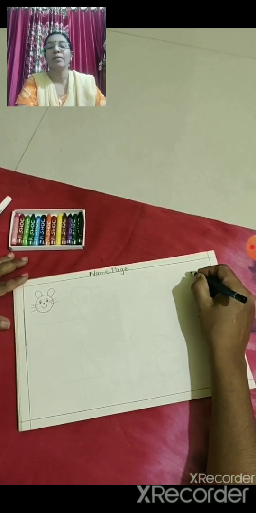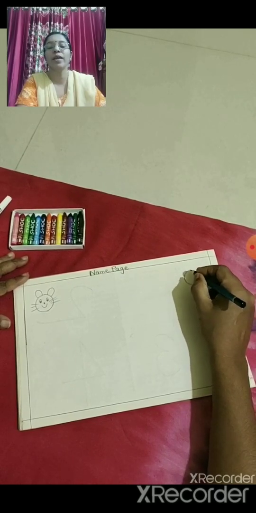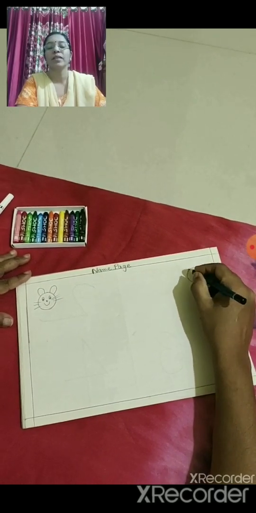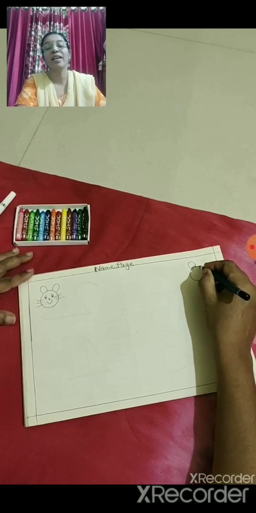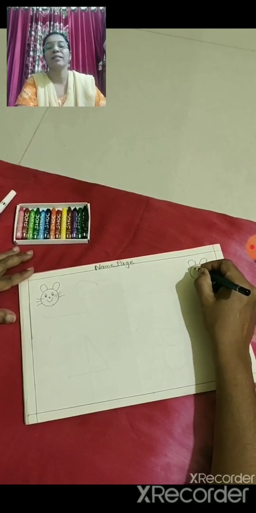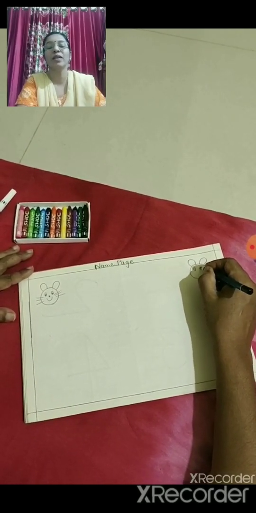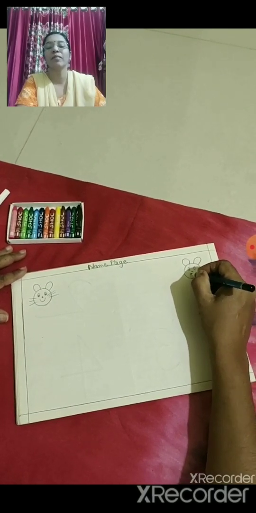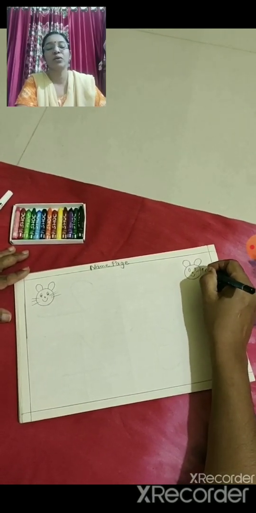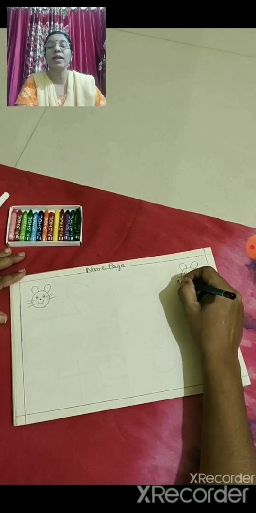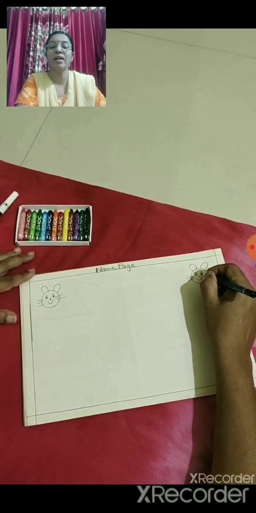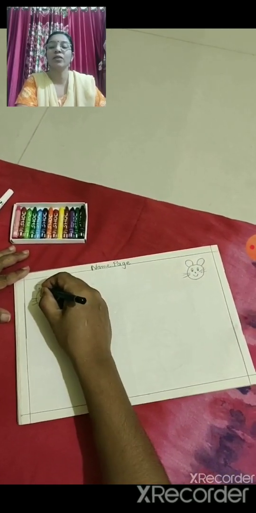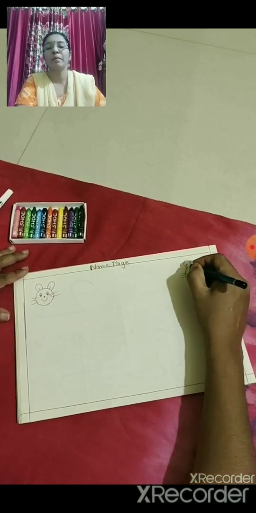Okay, rabbit's face, bunny rabbit's face I had drawn. So you can draw anything. See how beautiful it is looking now. Bunny rabbit. You can draw any cartoons. You can do anything. You can draw smileys. Anything you can draw and decorate the name page.